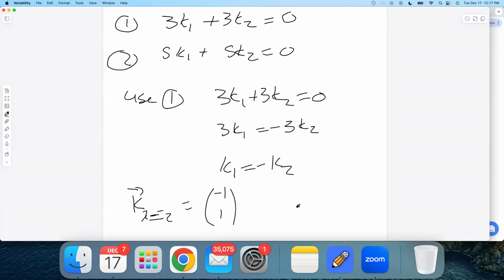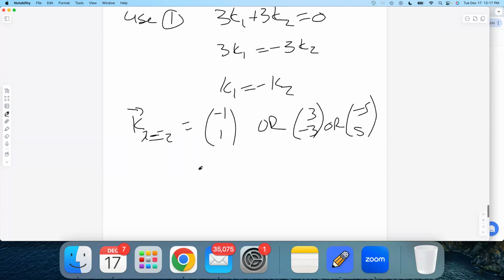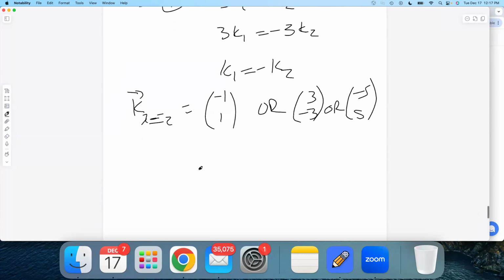Or any multiple of that. I could have had 3, -3. That would work. Or I could have -5, 5. Any multiple of an eigenvector is another eigenvector. Any of those would work, and they'll all give us the same solution.